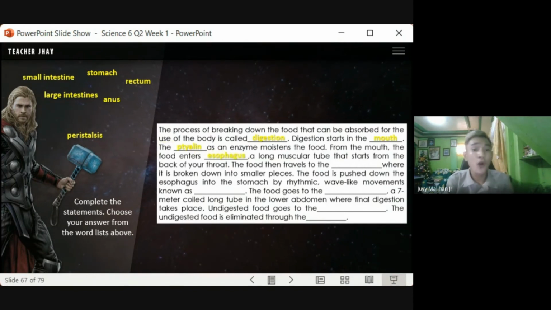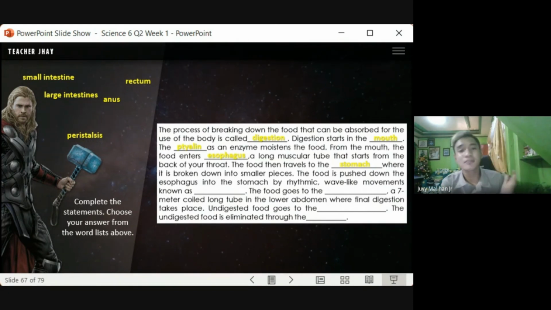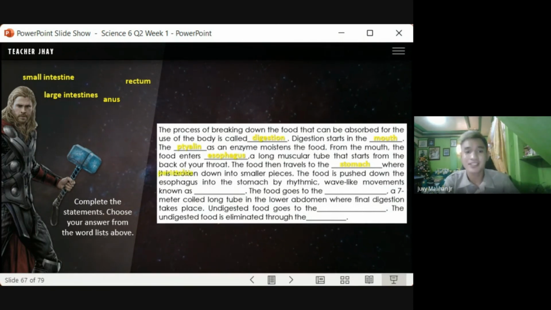That is a long muscular tube that starts from the back of your throat. Now, the food then travels to the stomach, where it is broken down into smaller pieces. And the food is pushed down the esophagus into the stomach by the rhythmic wave-like squeezing movements known as peristalsis.